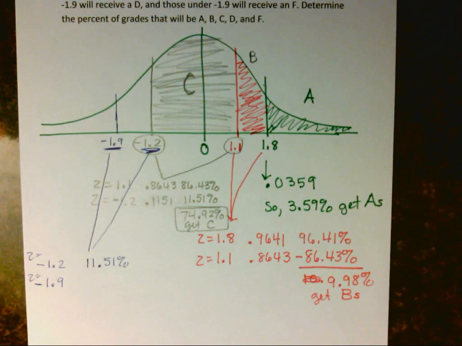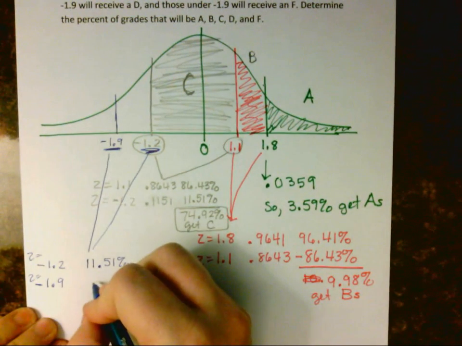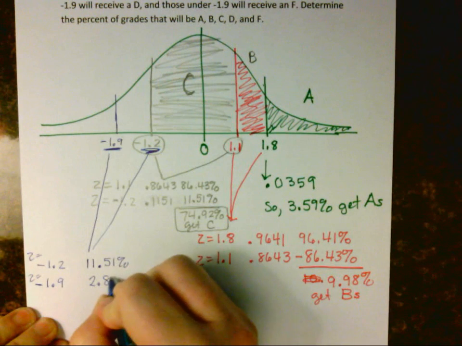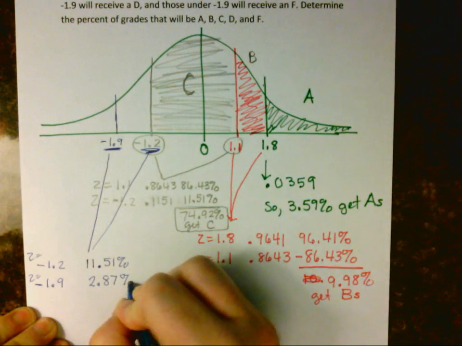Okay, and looking up z of negative 1.9, 0.0287. So I'm writing that as a percent.